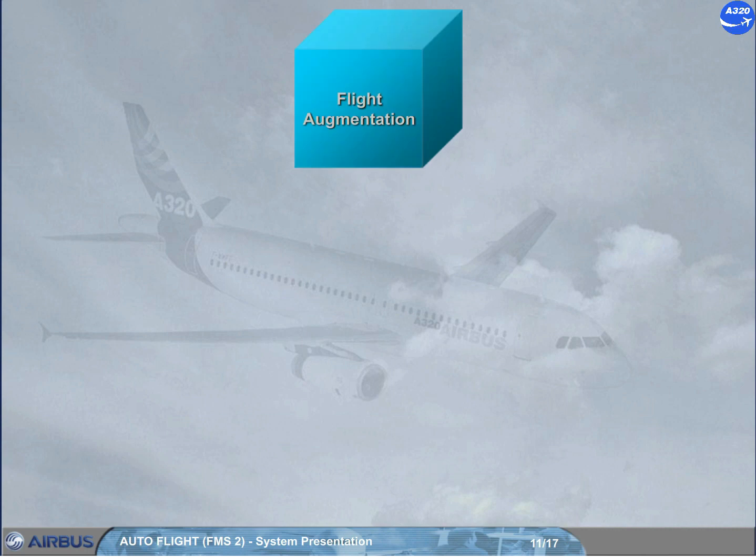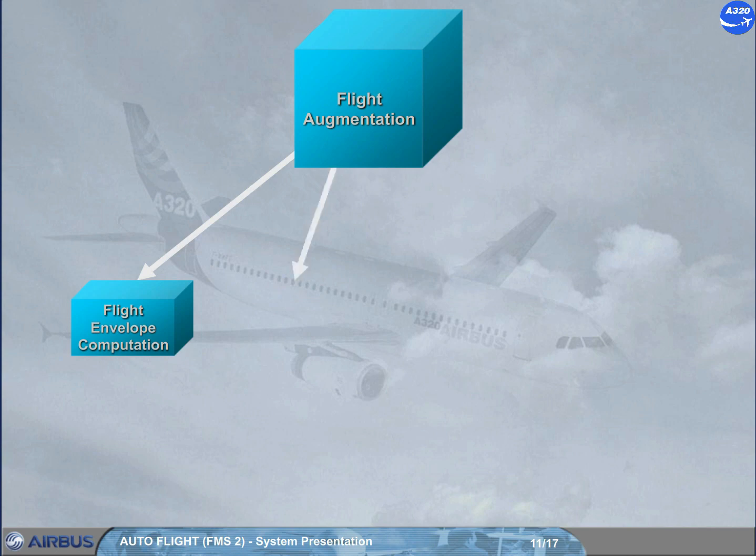The flight augmentation, FAC, part of the FMGS provides flight envelope computations, minimum speed, such as VLS, or maximum speed, such as VMO or VFE. Maneuvering speed computation, for example best speed to fly in a given flap configuration.